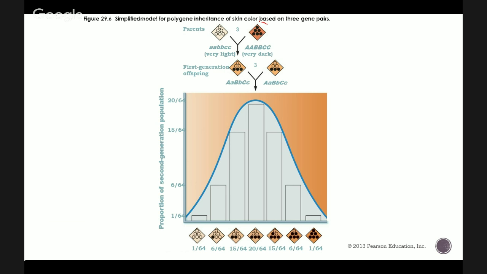Let's say you have two parents, a couple generations back. One parent had very light skin, the other dark skin. They had a child that had intermediate, kind of in-between skin.